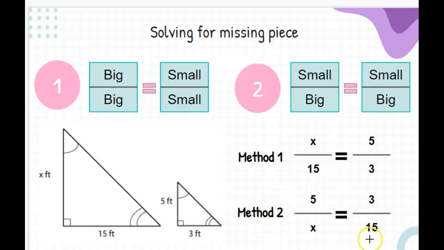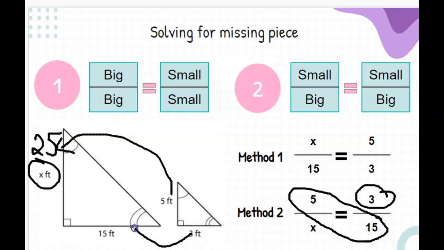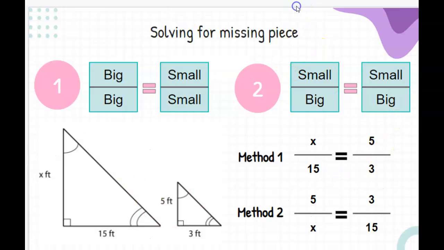Once you've got your proportion set up, you would just cross multiply and divide and you could find what X would be. 15 times 5 is 75. Yes, 75. And then you would do 75 divided by 3, which would get me 25. And you can see if this is true because 5 times 5 gets me 25 and 3 times 5 gets me 15. So that is proportional.